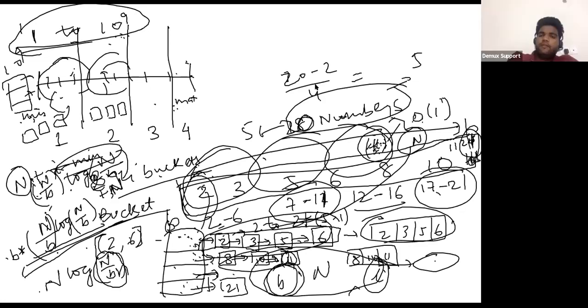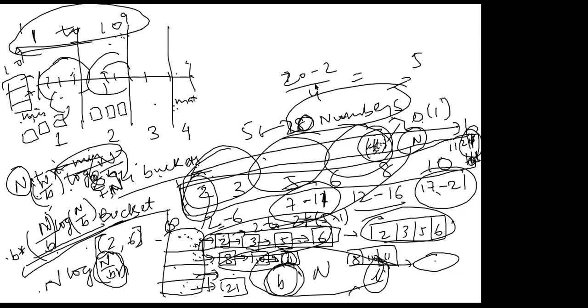Let's say if the array limit is 10 raised to power 9, but we distribute it into 1000 or 10,000 buckets, so each of those buckets will be 10 raised to power 5, and then on each bucket, if we can apply counting sort, we can reduce our time complexity, right?